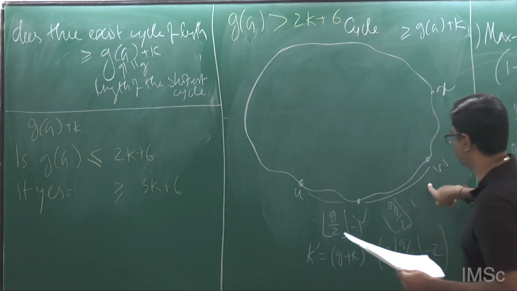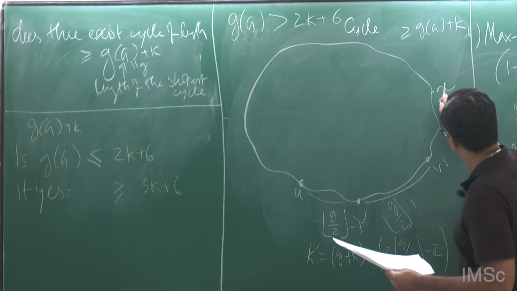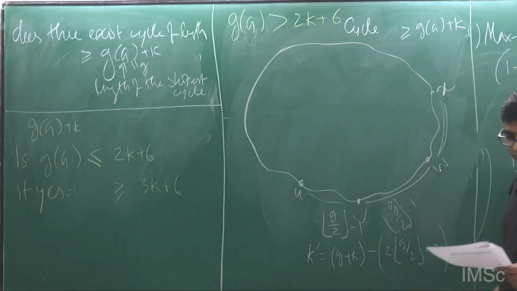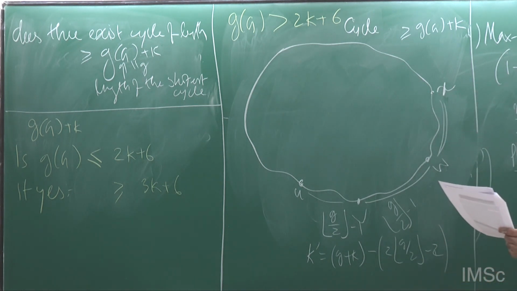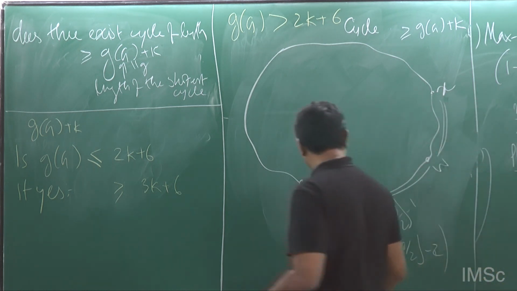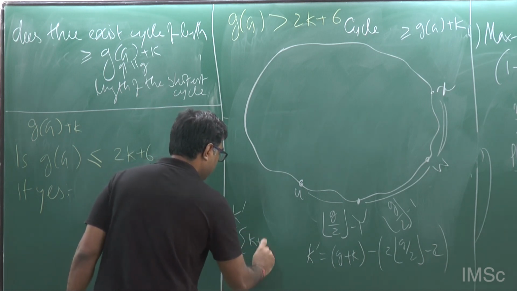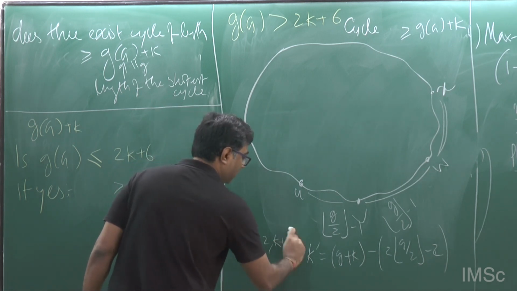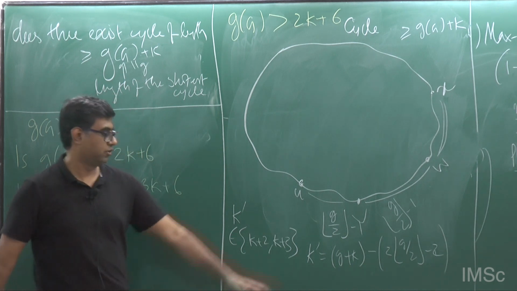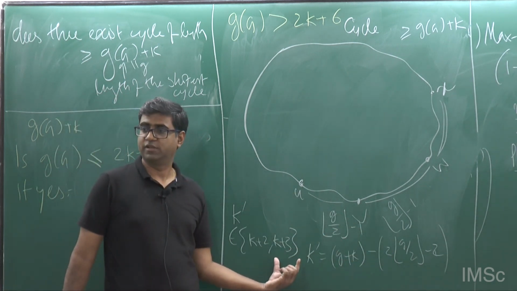So I just sum them up and I subtract from g plus k, this distance. So now tell me, what is k prime? K prime is an element of either k plus 2 or k plus 3, depending on the ceiling.